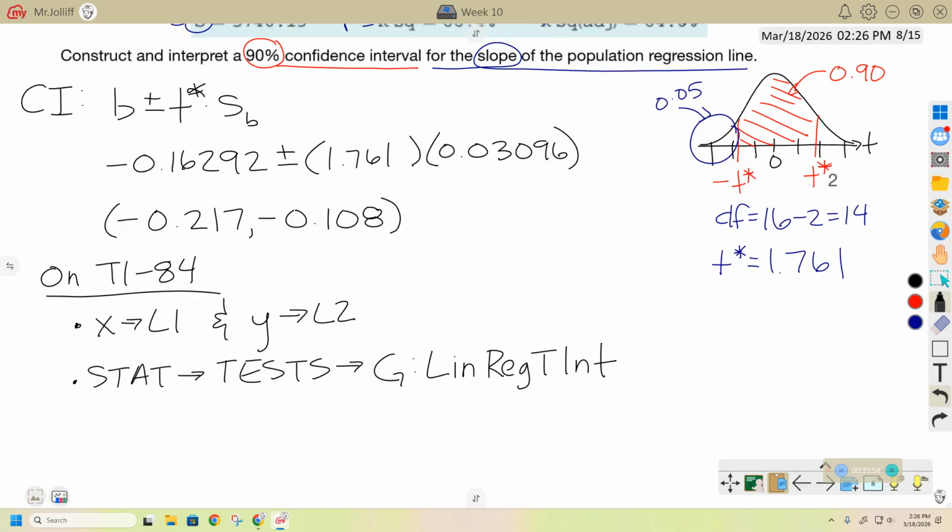If the AP board is in a cranky mood and they don't give you graphs and you have to construct those scatter plots and residual plots and histograms on your own, then it's worth putting the data in the calculator, because you're going to need that data in the calculator to build the graphs and run the t-int. So in that instance where they didn't give you graphs, your calculator is faster. If they give you graphs and computer output, you can bypass a lot of the calculator math and just do it by hand.